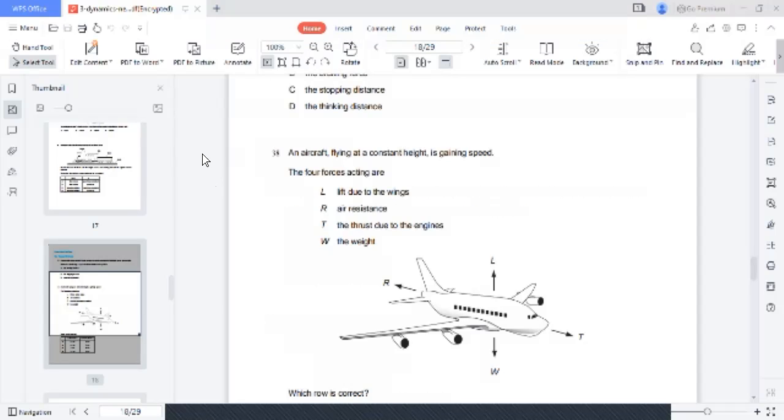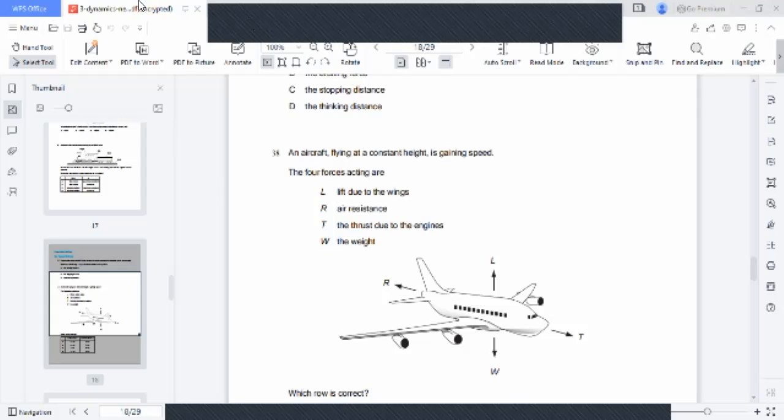Next is an aeroplane. An aircraft flying at a constant height is gaining speed.